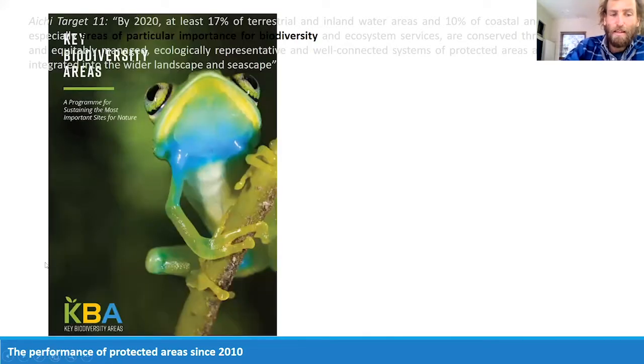We chose to look at key biodiversity areas. So KBAs, it's a global approach for standardising the identification of marine, terrestrial and freshwater sites that contribute significantly to the persistence of biodiversity.